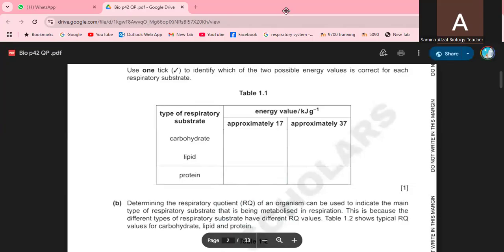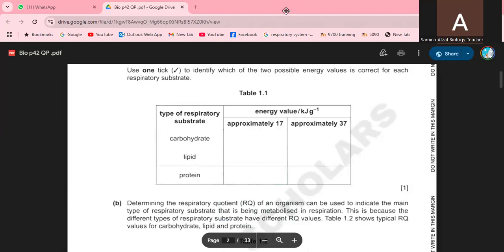Students, they have given three different types of substrates: carbohydrates, lipids and proteins. The lipids have the highest energy values, then proteins and carbohydrates are the immediate source of energy, but the energy value is highest in the lipids.